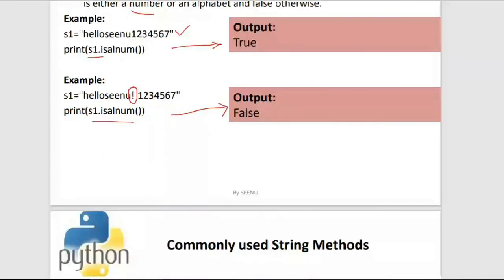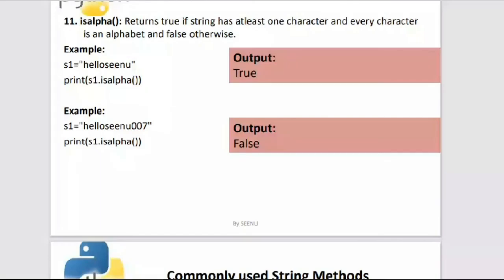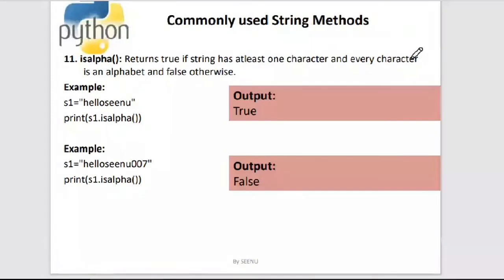The next one is where I'm checking whether it is only alphabet. It should contain only letters from the alphabet, from A to Z, capital or lowercase. If anything else is there, it will return false for me. Here I said hello Sinu and then s1.isalpha. All are characters, so it is returning true.